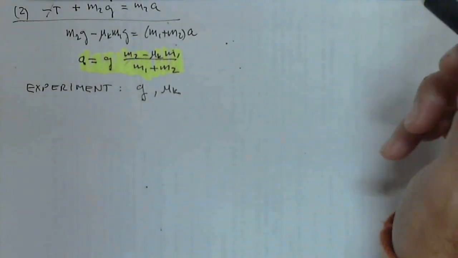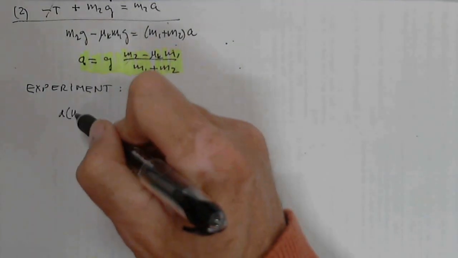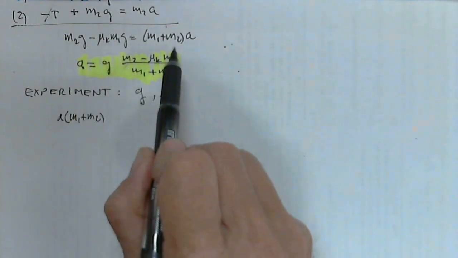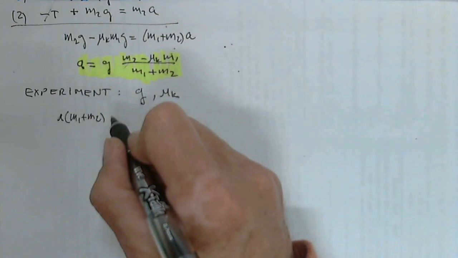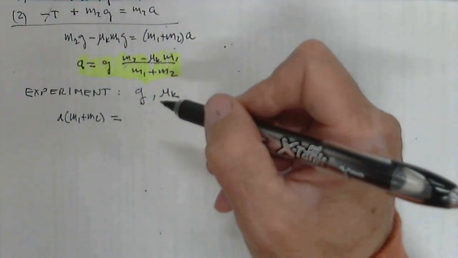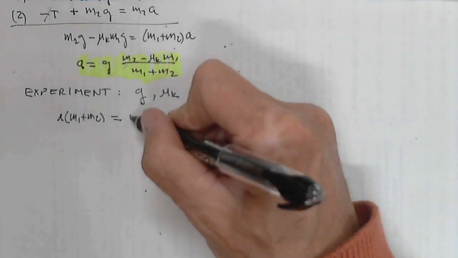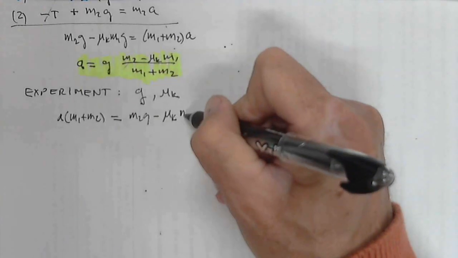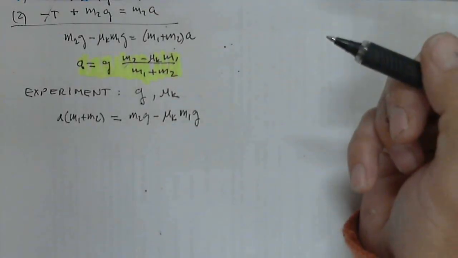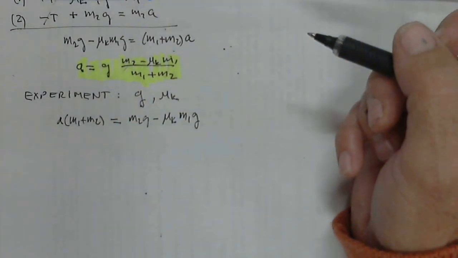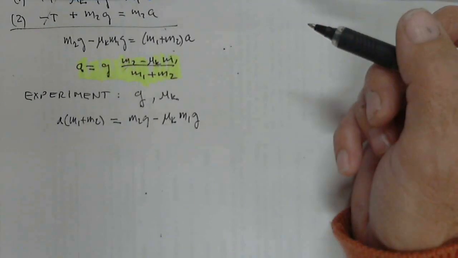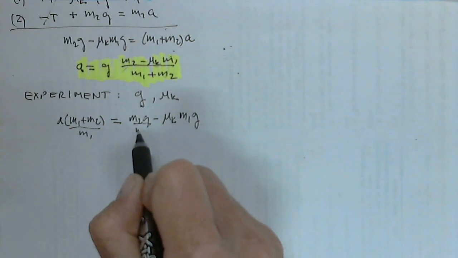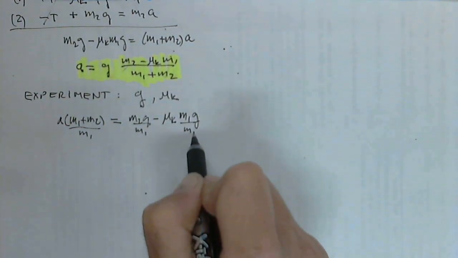So in that case we multiply by M1 plus M2, the way it was over here, and then you have M2G minus mu K M1G, and then I'm going to divide everything by M1.